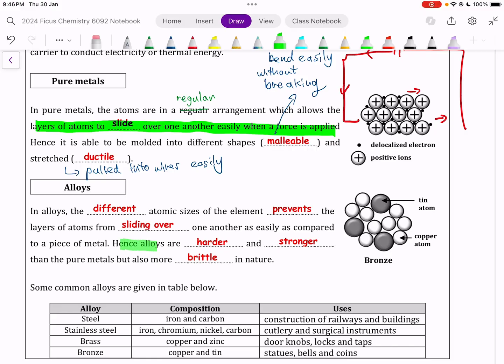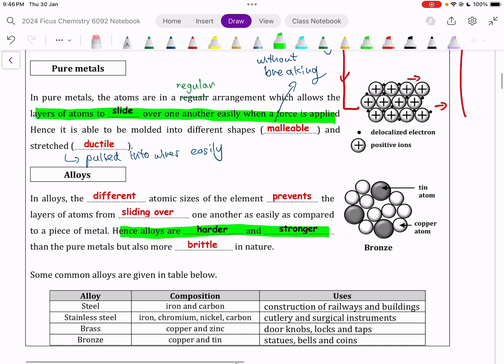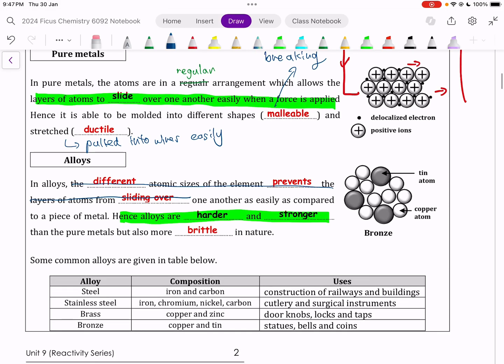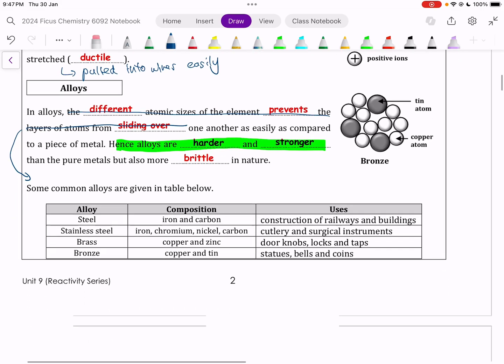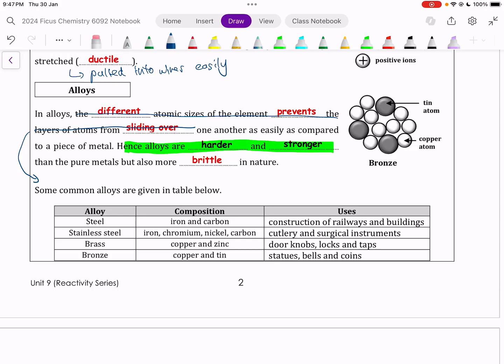I need to change one thing, the phrasing down here. I would like to change this part. So how to explain why alloys are harder and stronger? I've got 3 points to explain.